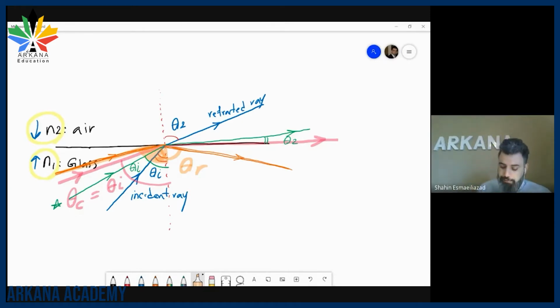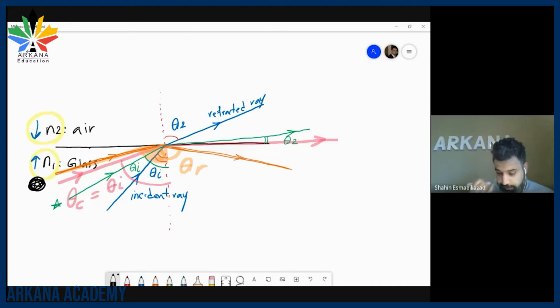Again, the example of it is that now, let's say instead of glass, it's water, let's imagine, and someone is in the water and is trying to send you a signal from this point.